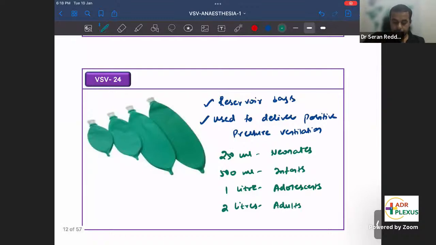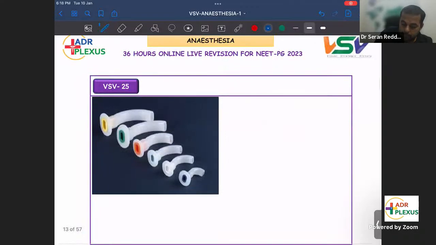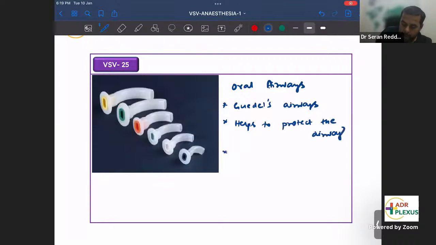Okay, then these are airways, oral airways. The ones which you are seeing here are called Guedel's airways. They help to protect the airway and prevent tongue fall.